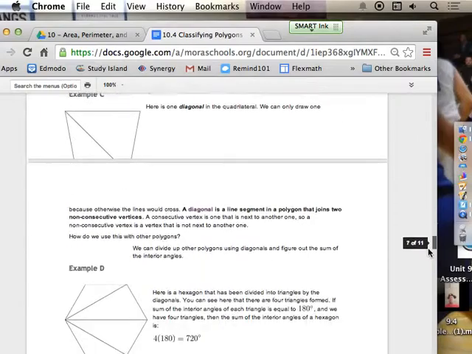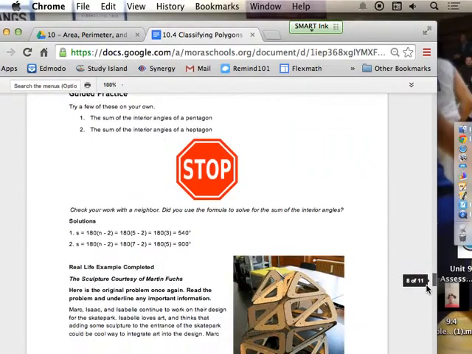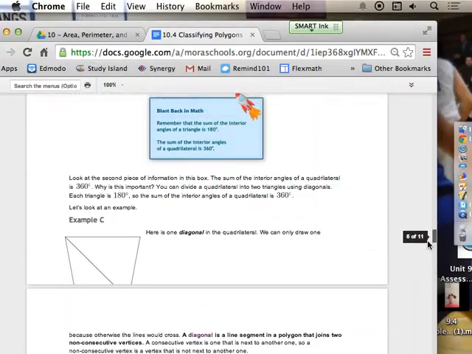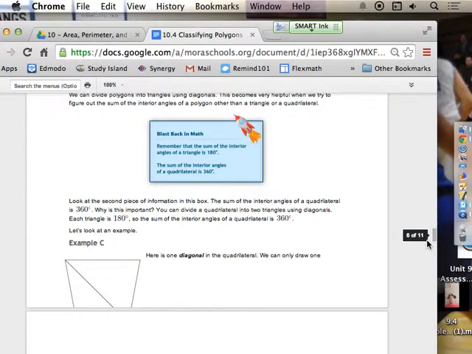And the way we've always learned to do this is just to take the formula that we've learned already, which is n minus 2 times 180. Okay, this will tell you how many degrees are in a polygon. Okay, this will be a lesson that Mr. Wright is going to teach because there are lots of aspects to this. We're gonna spend some time in class on this, but it's n minus 2 times 180.